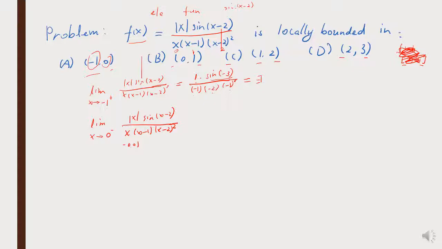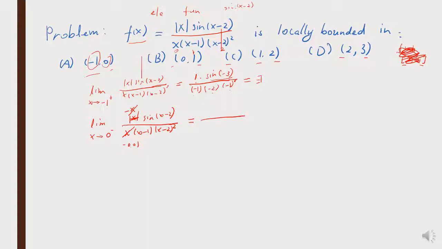So now we can get rid of the absolute value and write it as minus x, because it is still a negative number, so we have to put the minus sign here. Now x and x can be cancelled out.